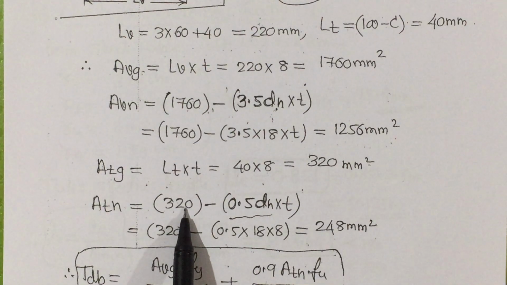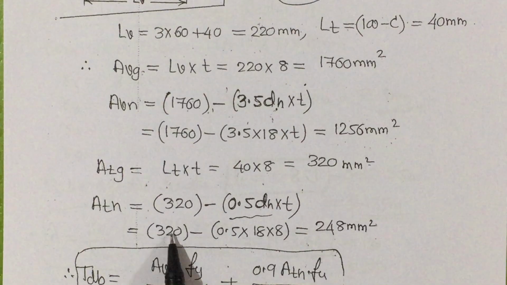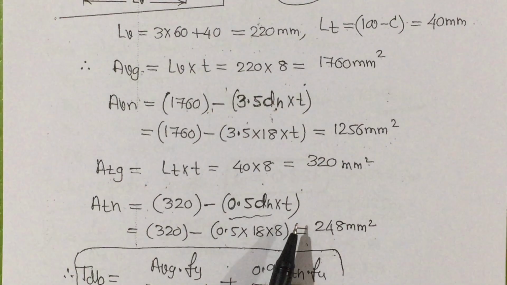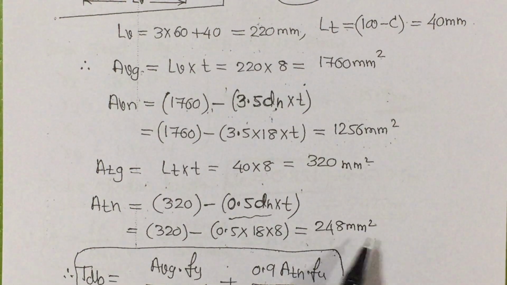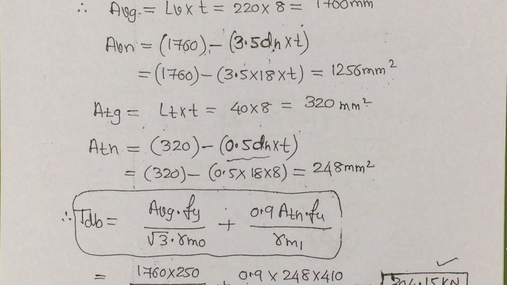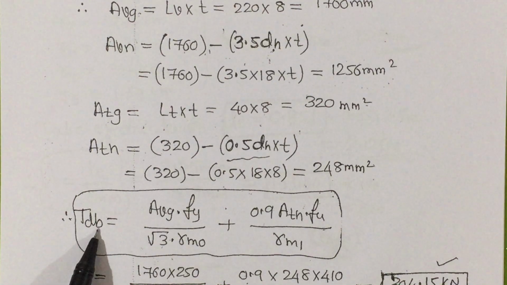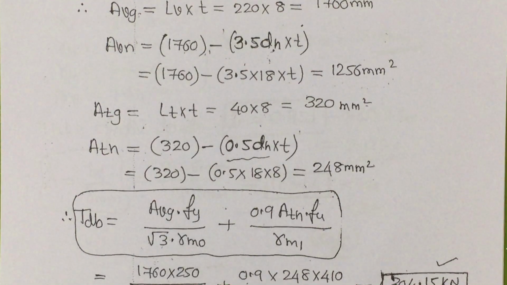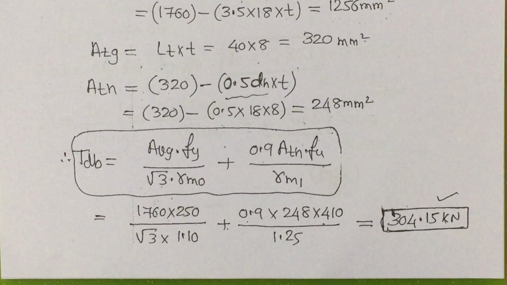Atn is given by 320 minus 0.5 into dh into t, so you will get Atn as 248 mm square. Once you get all the values, substitute in the Tdb formula. Design tensile strength due to block shear, Tdb, is given by the formula. Substitute, you are going to get 304.15 kilonewton.